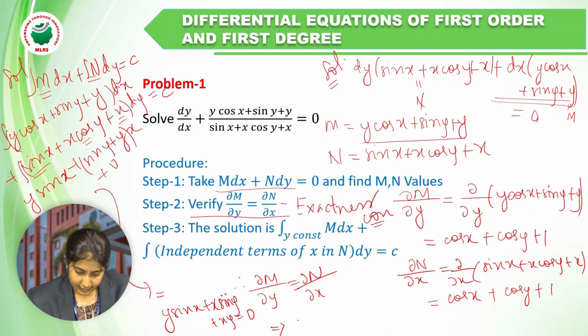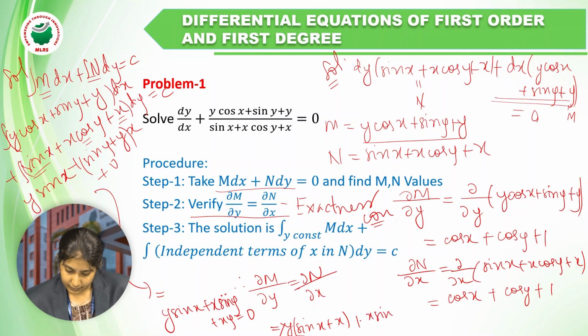You can write it as, what can you take common? We can take y common, I think. So if you take y common, y (sin x plus x) plus x sin y. So what solution are you getting finally?